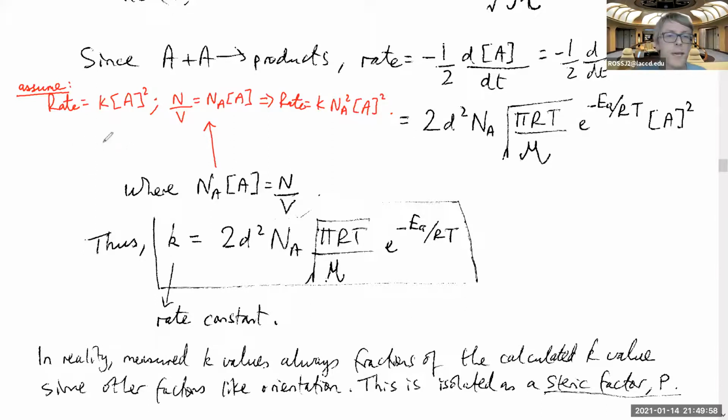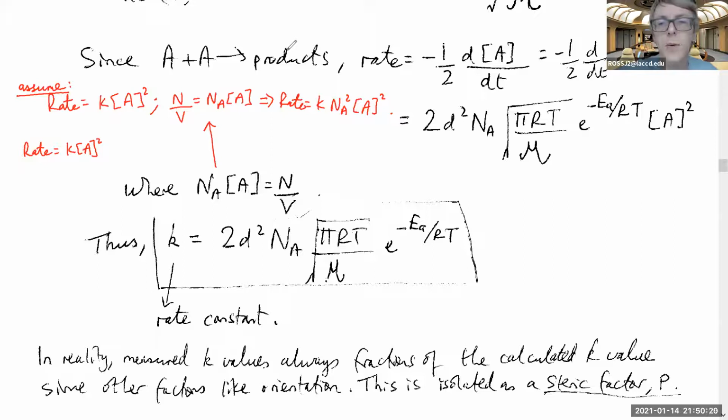If we write this down as our overall rate expression, rate is k A squared.